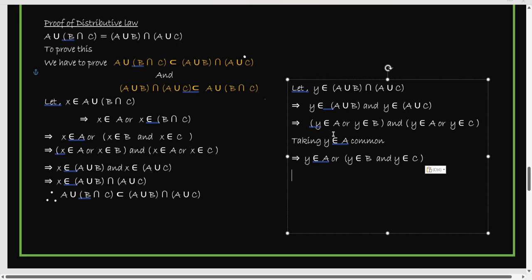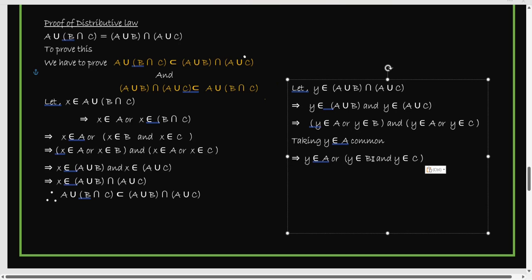Take Y belongs to A as common: Y belongs to A or Y belongs to B and Y belongs to C. You can do that. Y belongs to A is there in both these things and "and" is there.